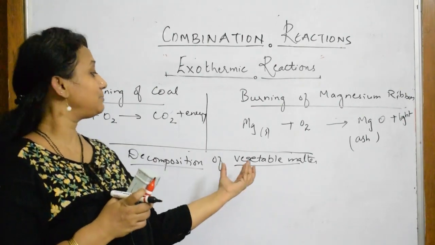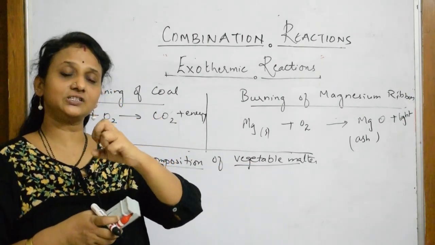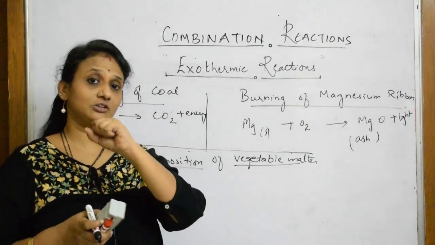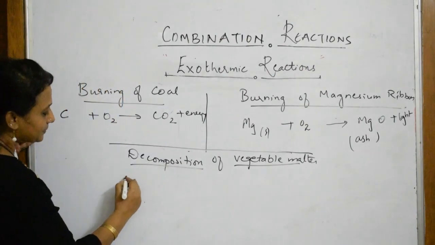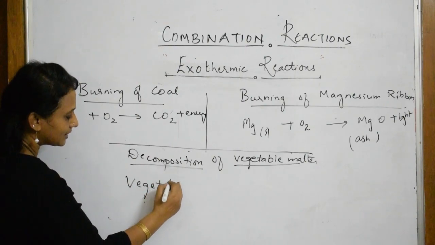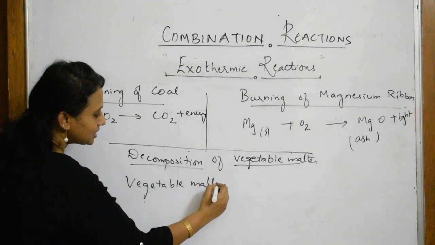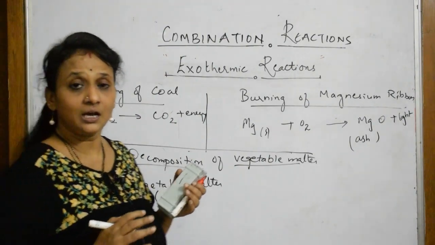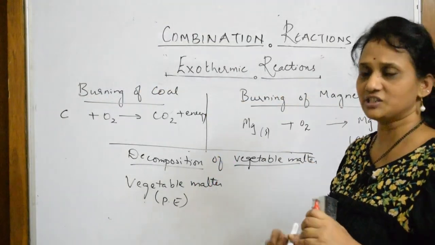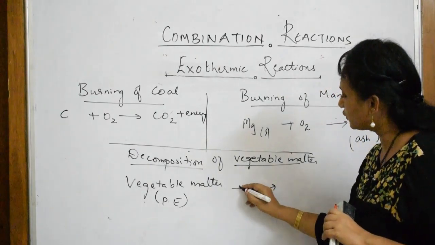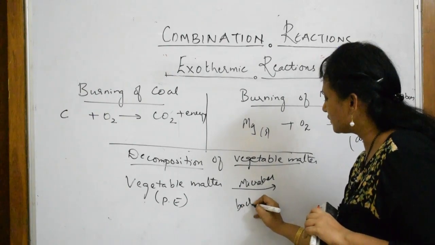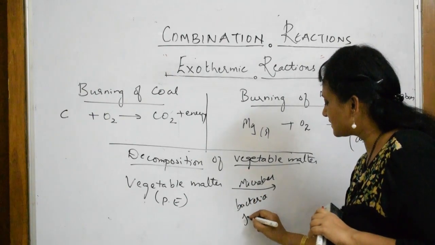So this vegetable matter stores energy in the form of potential energy. Vegetable matter has a lot of potential energy in it, the inbuilt energy. What happens when you discard the vegetable matter? All the microbes, like bacteria, and some insects are there.